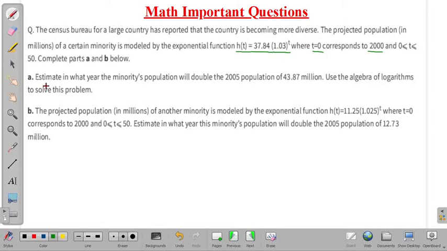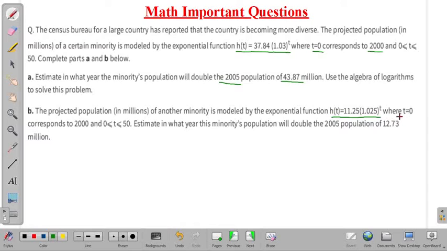In part a, we need to estimate in which year the minority's population will be double that of the 2005 population, and the 2005 population is given as 43.87 million. We need to use algebra of logarithms. In part b, the projected population of another minority is given by the exponential function s(t) = 11.25 times 1.025 to the power t.